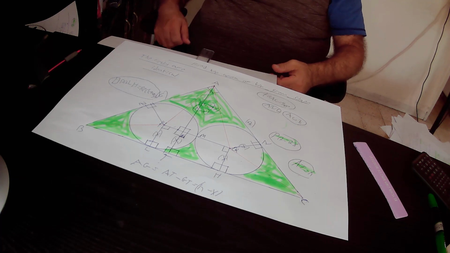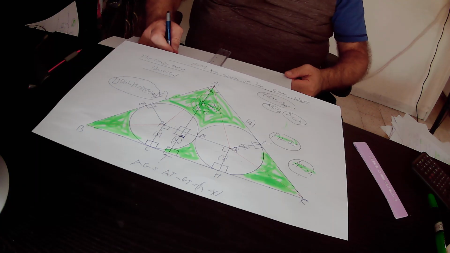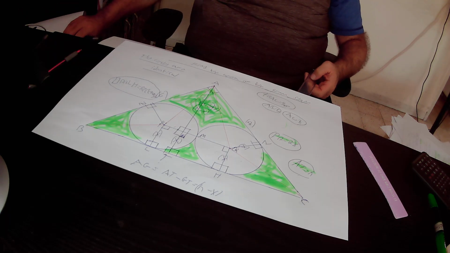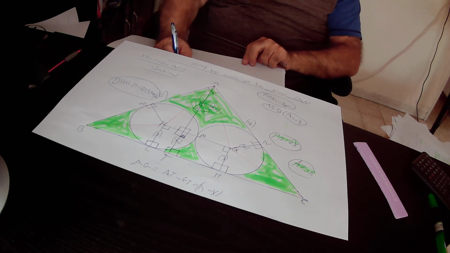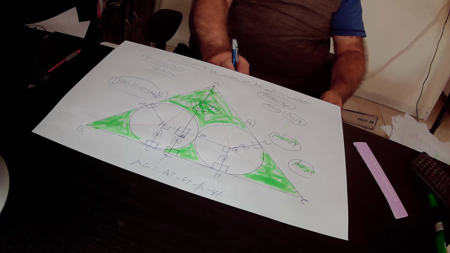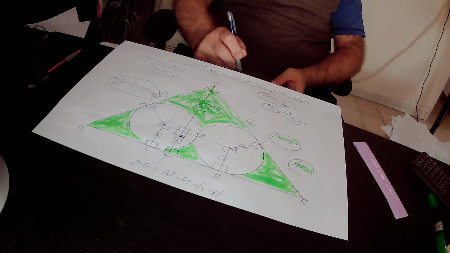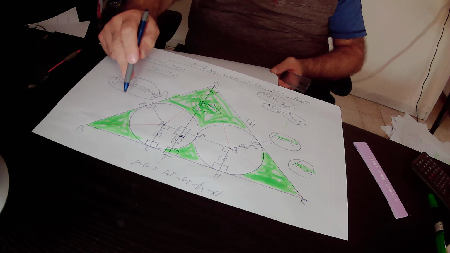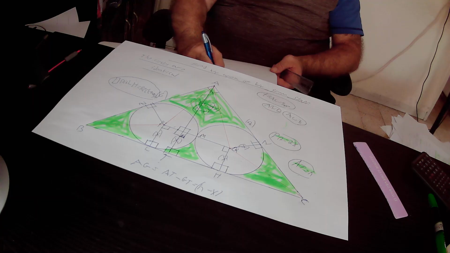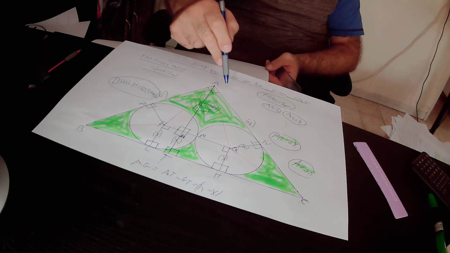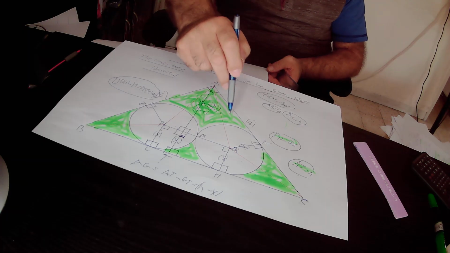So the area of triangle ABC in total is equal to the area of this triangle APP, plus the area of this big triangle AQC.